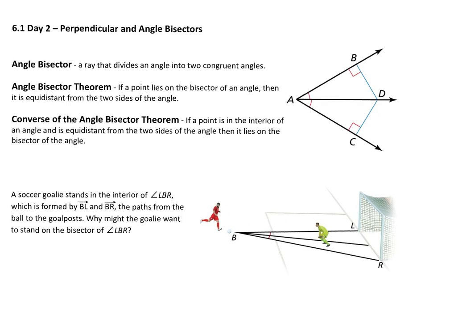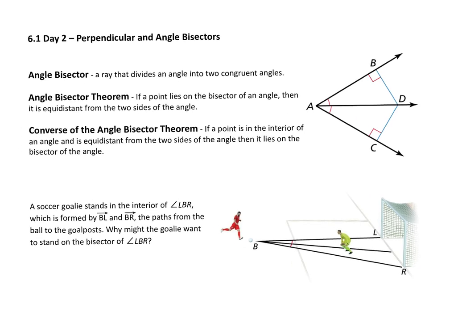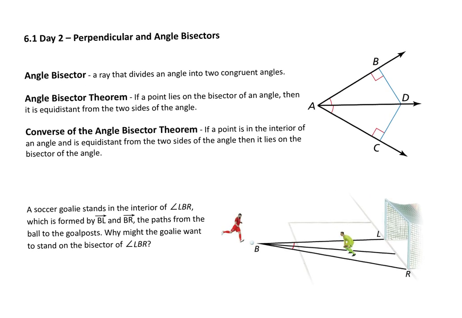So first of all, an angle bisector. We've seen the word bisect a lot throughout the year, saw it a lot yesterday, but this one's an angle bisector. So, for instance here, I would say segment or ray AD is the angle bisector of angle BAC.